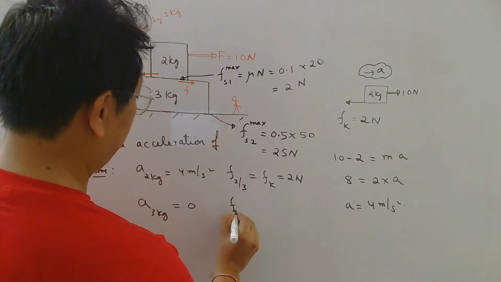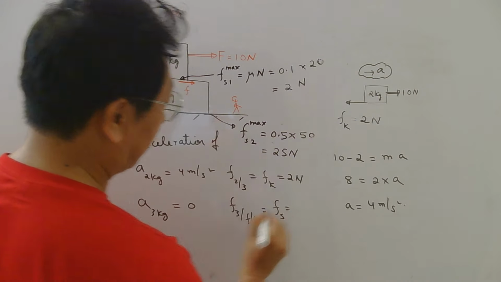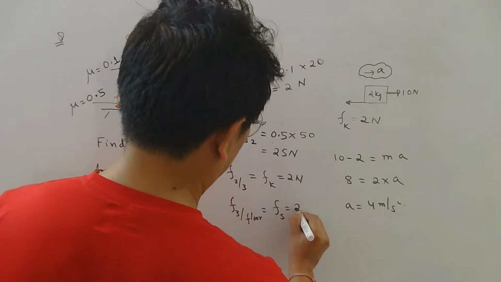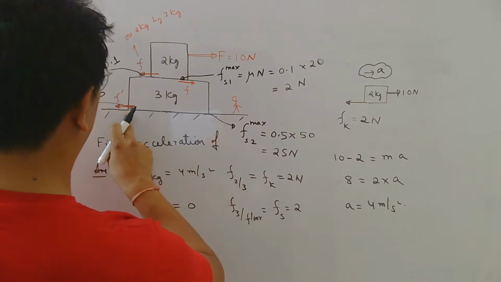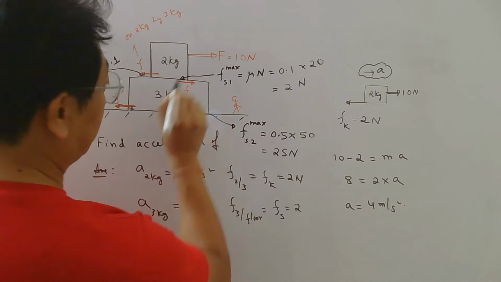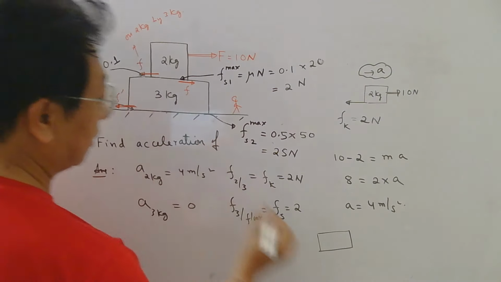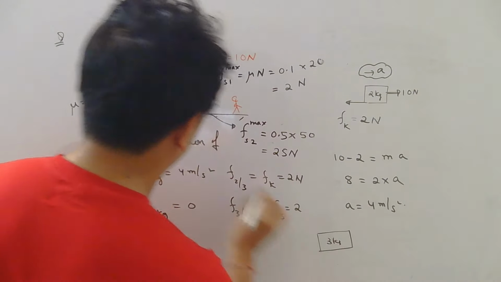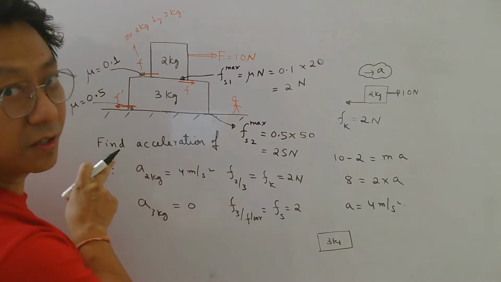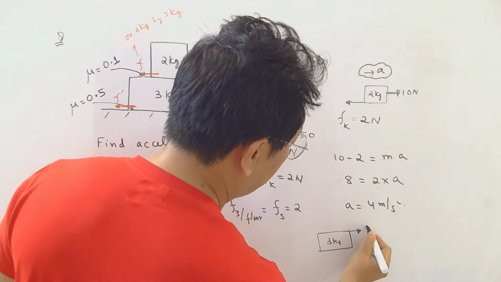And friction between the 3 kg and floor is static, which equals how much? Here static friction will be exactly that much which is needed to keep this at rest, right? If you look at the lower block, 3 kg, this friction is acting, the reaction of this friction, and this friction is kinetic 2 Newton, so here also 2 Newton.